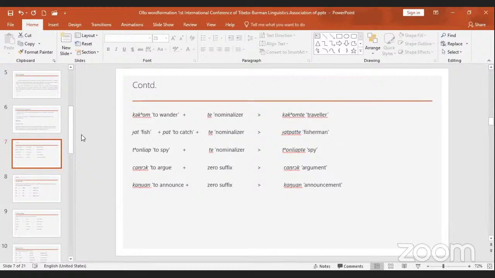If I remember correctly, Mao has something like this. I think this is common in most of the TB languages, like verbs when it is found. In Kukichin languages, like we have, in most of the Naga languages, they have ka. In Manipuri, we have a.